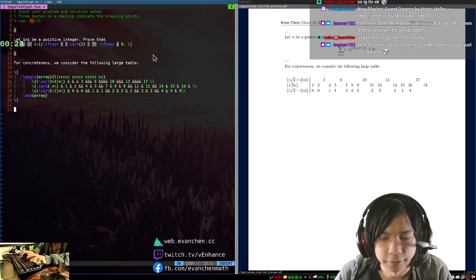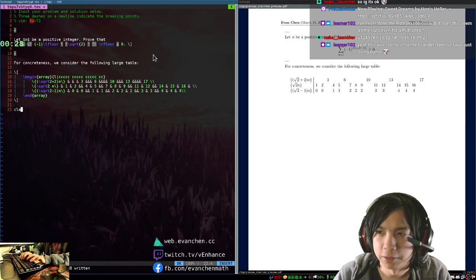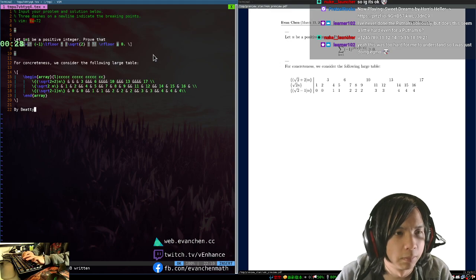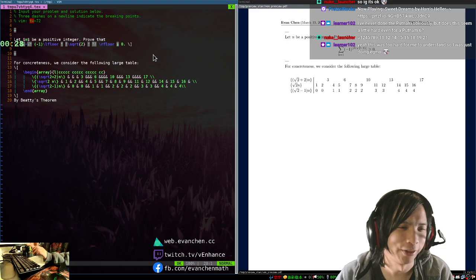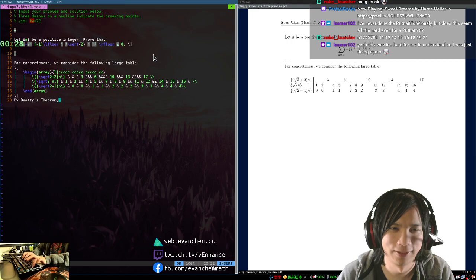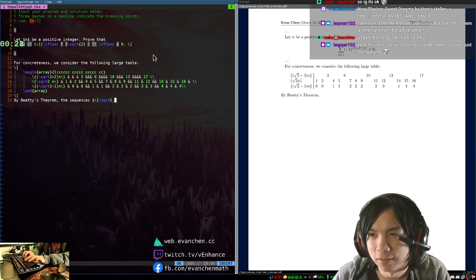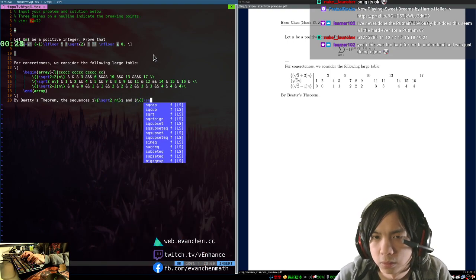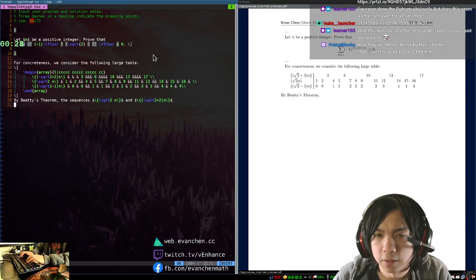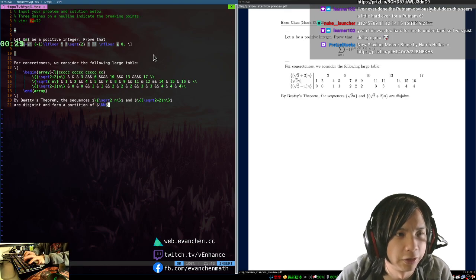Claim, so by BID's theorem. Okay, well you can watch the write-up. I'll be honest, I'm not sure we have a solution. I think we do, but I am confused as heck. So the sequences root 2n and root 2 are disjoint and form a partition of the positive integers.